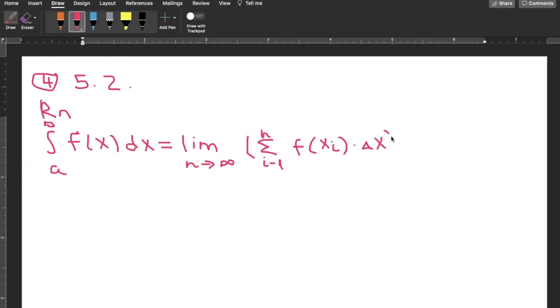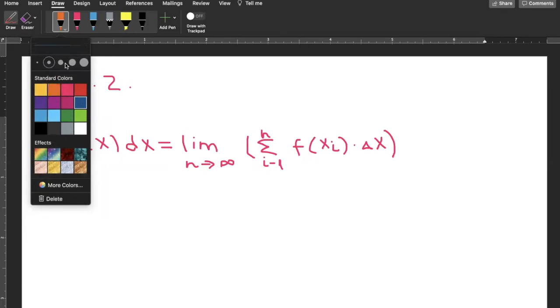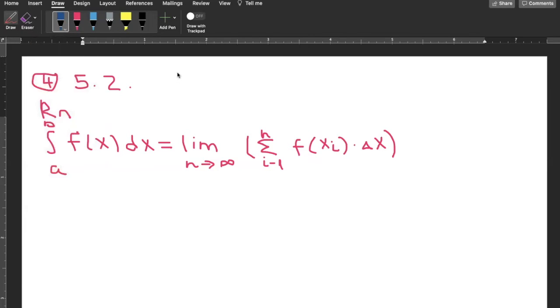Can you tell me what was the interval for the function? It was 0 to 4. Okay, so the interval is from 0 to 4, which means that our delta x would be 4 minus 0 over n.